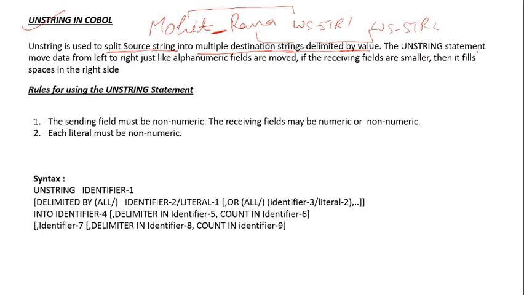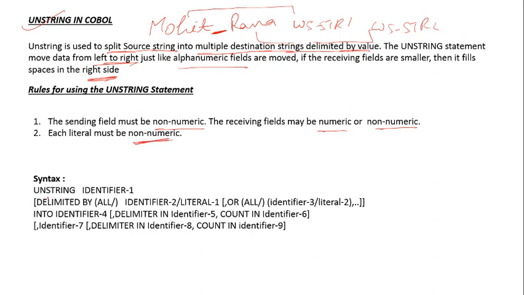The unstring statement moves data from left to right, just like alphanumeric fields are moved. If the receiving field is smaller, then it fills spaces on the right side. Rules for using the unstring statement: the sending field must be non-numeric. The receiving field may be numeric or non-numeric. Each literal must be non-numeric.